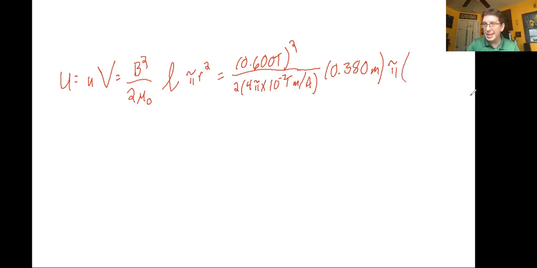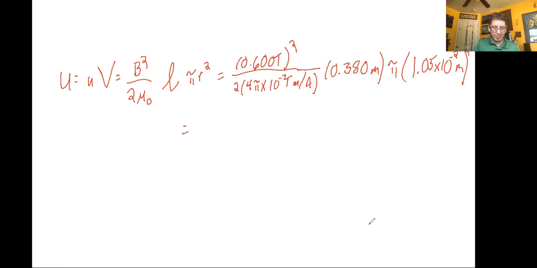And then the radius, and once again, we're given the diameter, not the radius. So the diameter is 2.10 centimeters. The radius is 1.05 centimeters. So we can write that as 1.05 times 10 to the negative 2 meters. And you're squaring that. And so you plug all those numbers in. So that's 0.6 squared divided by 2.